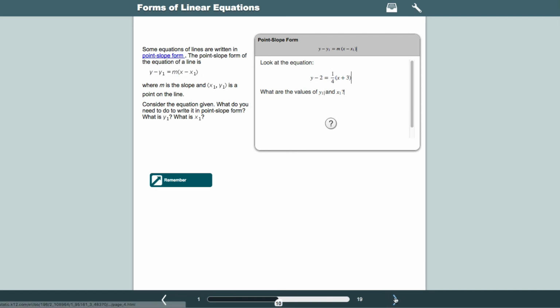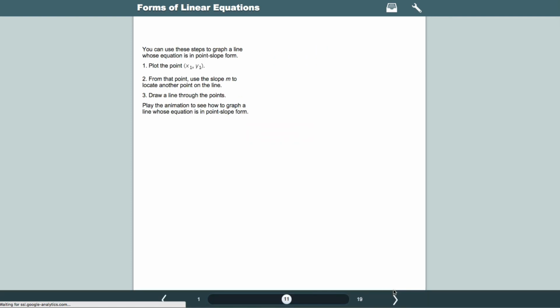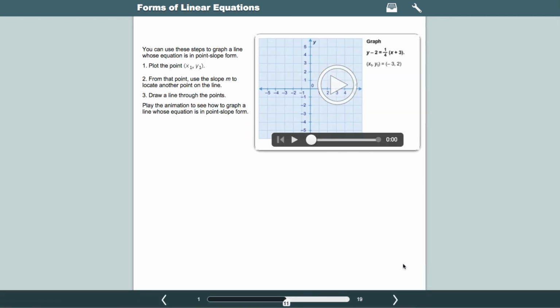Let's see if we have examples. Now I want to plot this point. I'm not going to play the video, but I want to plot this point. We have x1 and we have y1. So what do we have? We have 2 turns into a positive 2.